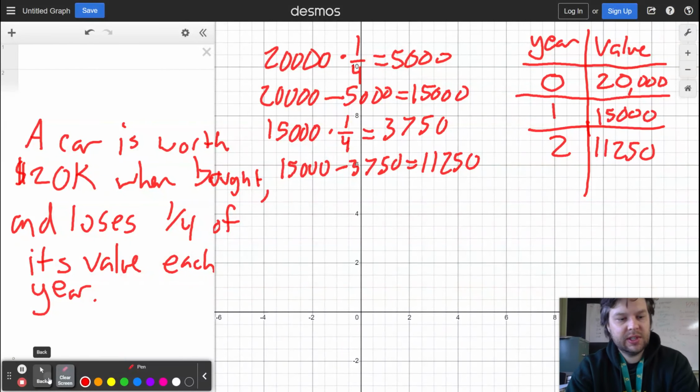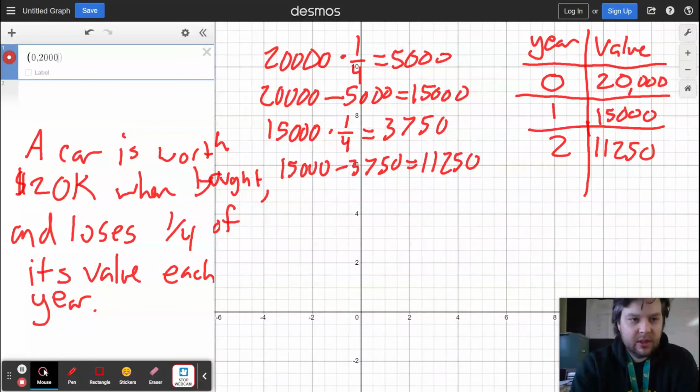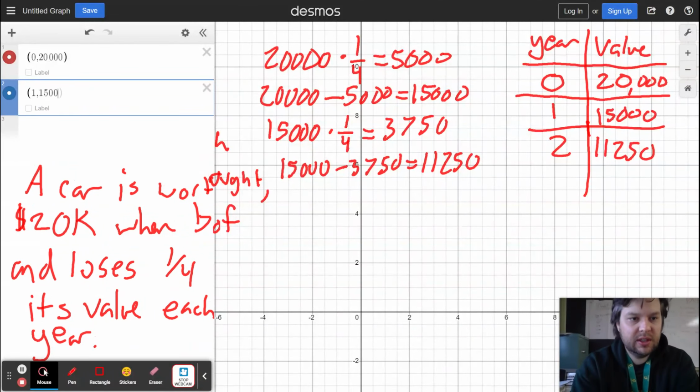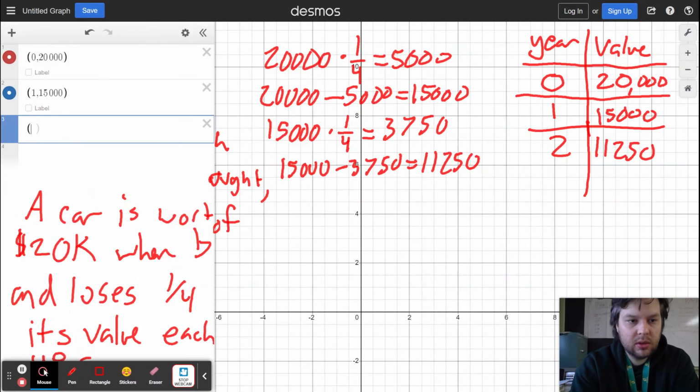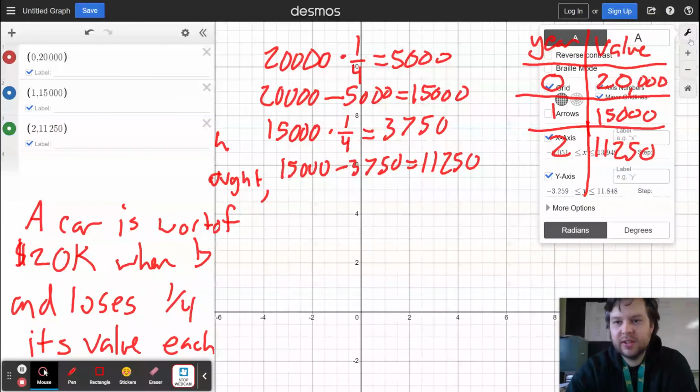What I'm going to do is type those points into this graph: 0 and 20,000, 1 and 15,000, and 2 and 11,250. I'm going to zoom it out so that we can see those values.